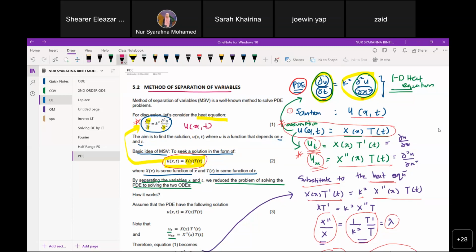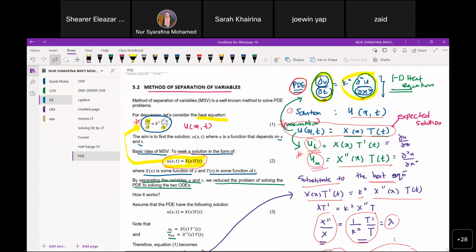We assume that the expected solution should be in terms of u, x, and t. Why? Because we have u, x, and t there. We identify the independent variables and the dependent variable, and then we assume that the solution must be in terms of u, x, t.